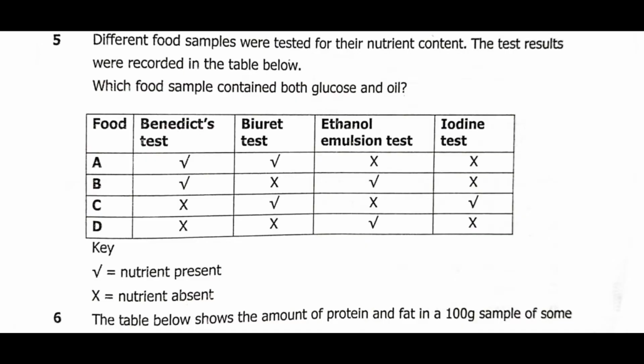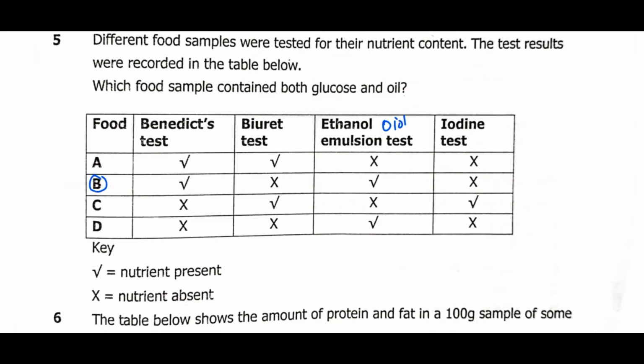This means that whatever food sample we are looking at must have starch and glucose. Then the test for oil goes with the ethanol emulsion test. So here we are going to have oil, so we need to have a positive observation here. So the answer here is B.